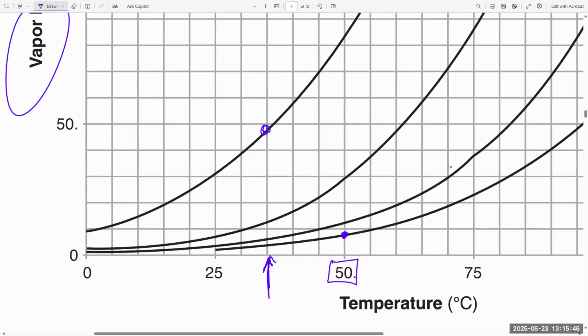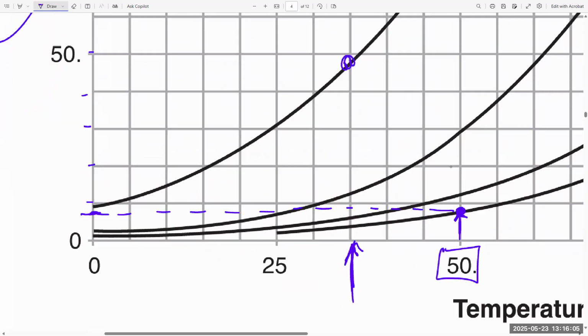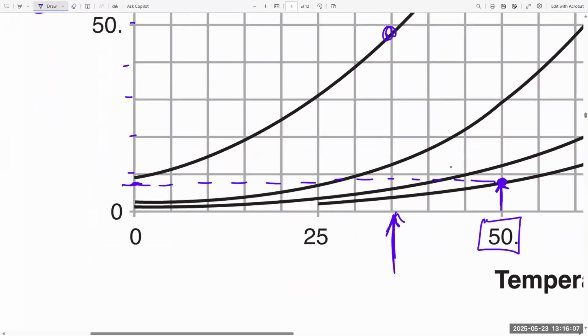At 50 degrees, ethanoic acid goes like here. So what is that? That's 10, 20, 30, 40, 50. So we know that's correct. This is 10, so that must be around 8, I think.